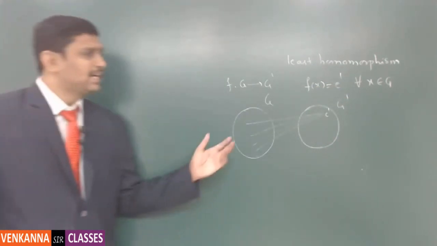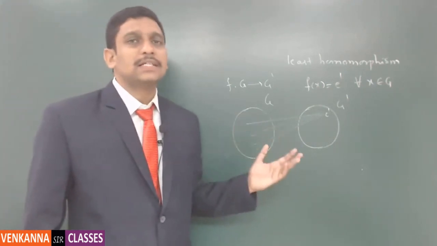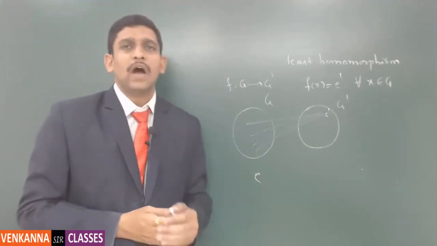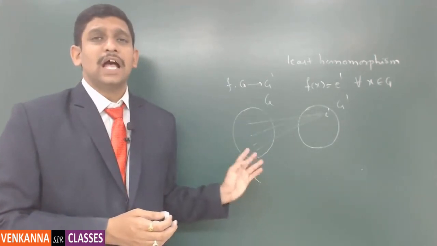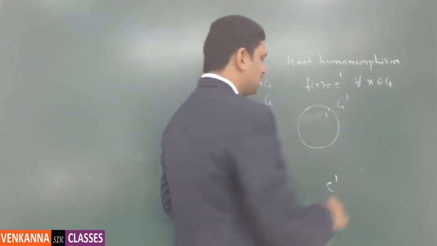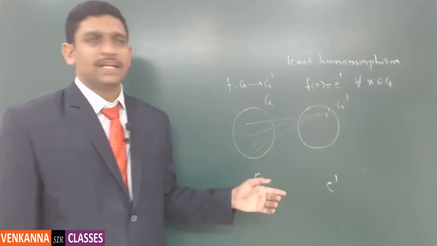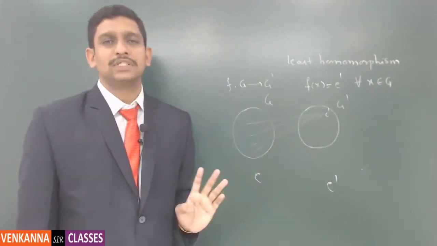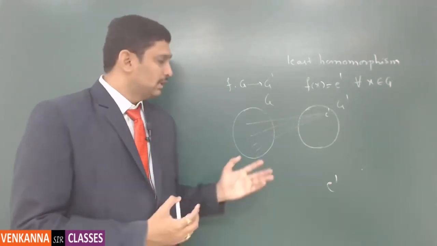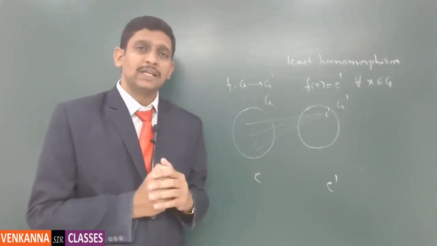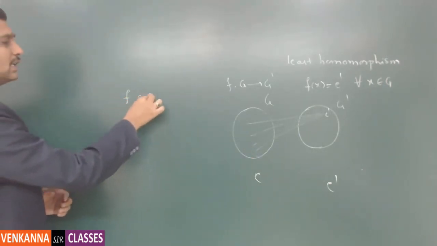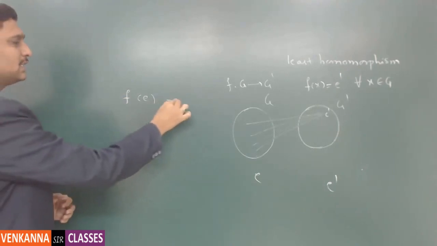As far as terminology is concerned, whenever we use the symbol E, we have to understand that it is the identity element in the group G. Whenever E dash is written, it is the identity element in the codomain group G dash. Then two important things we have to understand: always, the image of identity is nothing but identity.